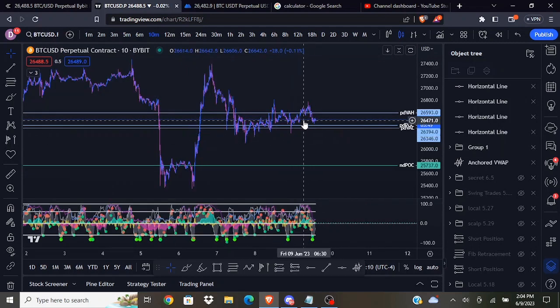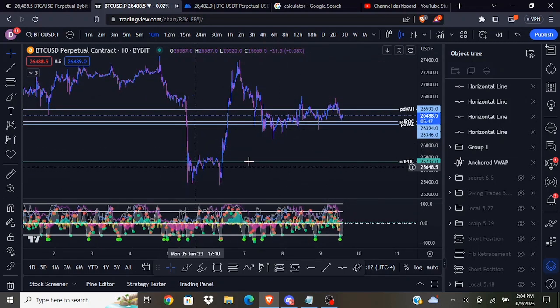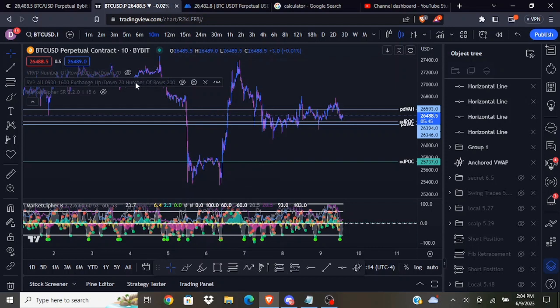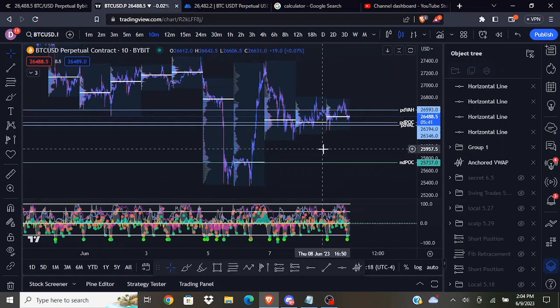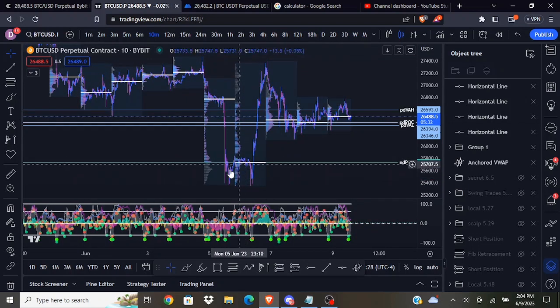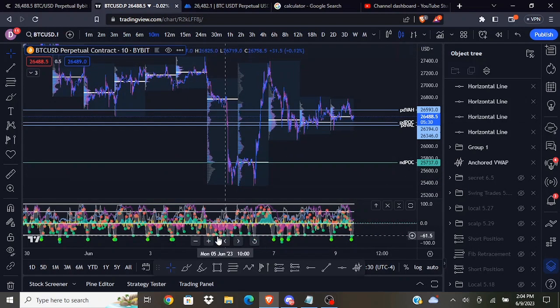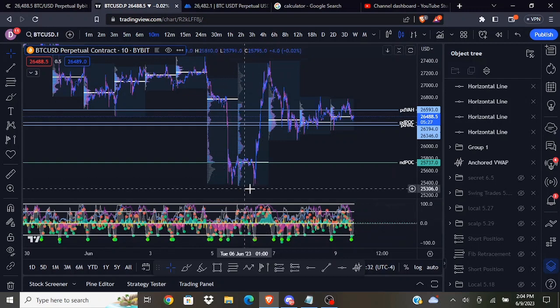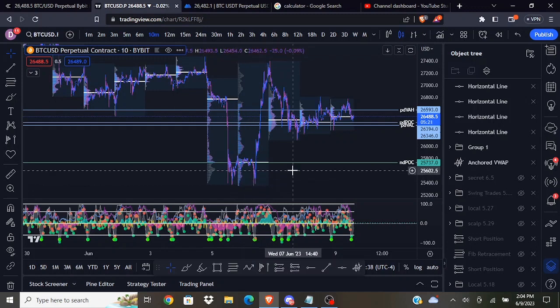Now, another way I like to use them is when price gets an aggressive move away from the previous day value area, and you start to see signs that the move is weak, like we kind of saw right here, when we started to see money flow increasing as we put in these lows. I know we had some divergences on this last low as we took out the wicks.